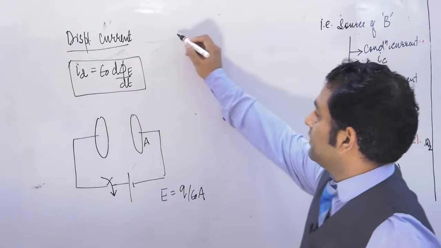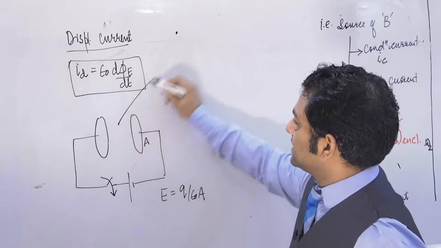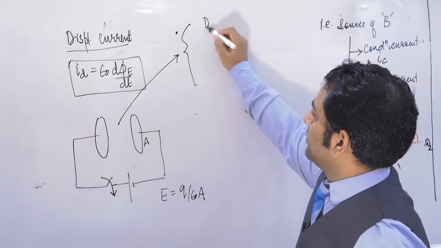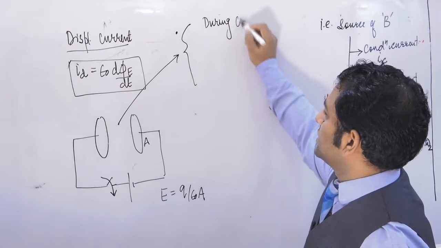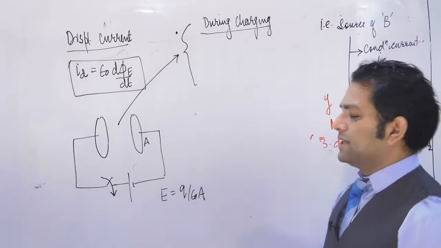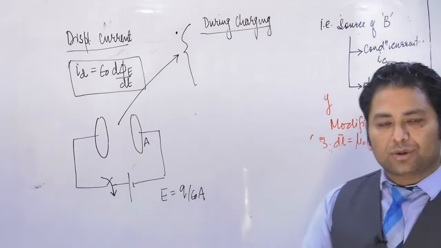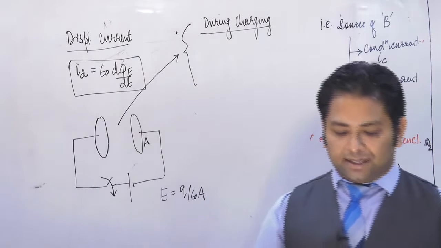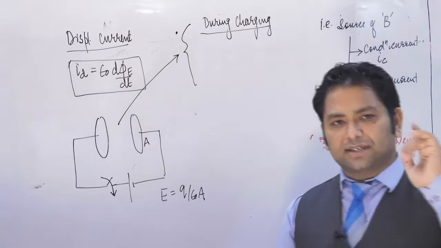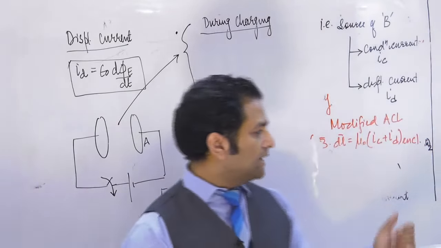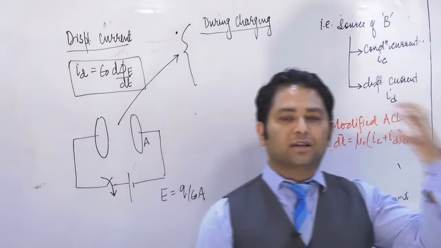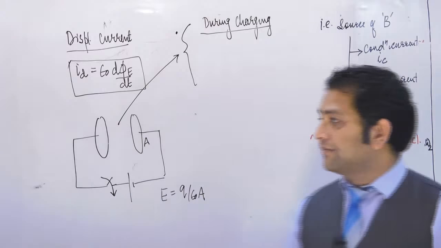That's how we say. So now, in this particular space, during charging, what would happen? See, the displacement current is a theoretical idea to include the electric field, time varying electric field to be more precise. So you don't require any physical wire for displacement current to move. You should understand the craftsmanship hidden behind displacement current, because that was all to include the time varying electric field.